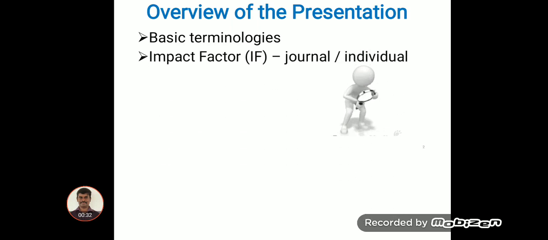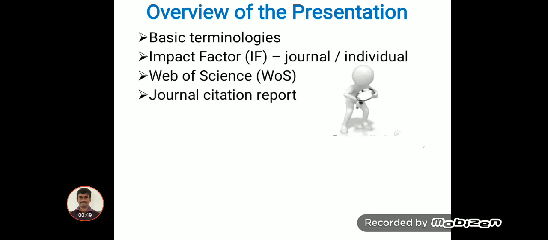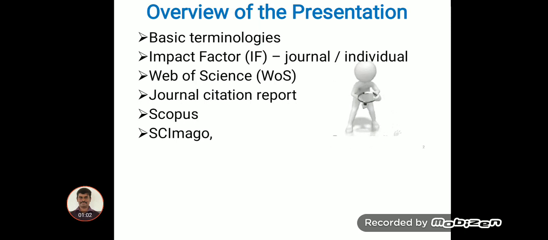Then we'll see what is an impact factor, how it is calculated, the impact factor of a journal as well as the impact factor of an individual researcher, and then move on to the Web of Science and Journal Citation Report, followed by Scopus with SCImago Journal Ranking, CiteScore, Source Normalized Impact per Paper, SNIP.